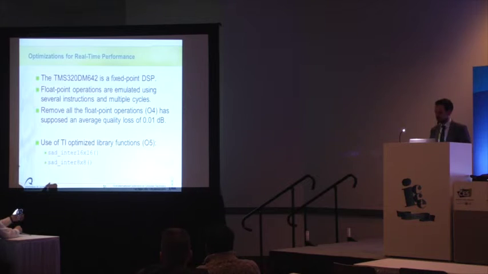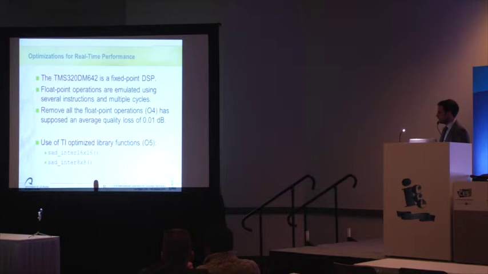Okay. Then, as I said, the DSP is based on fixed point operations, so we simplified everything, removing the floating point operations. We didn't lose important quality doing this, so it was a good decision, and we reduced computation time with this.